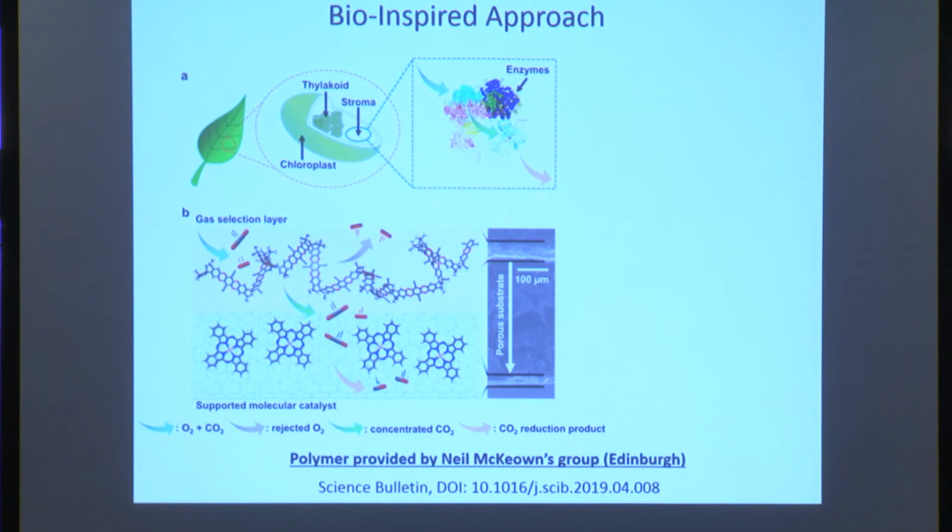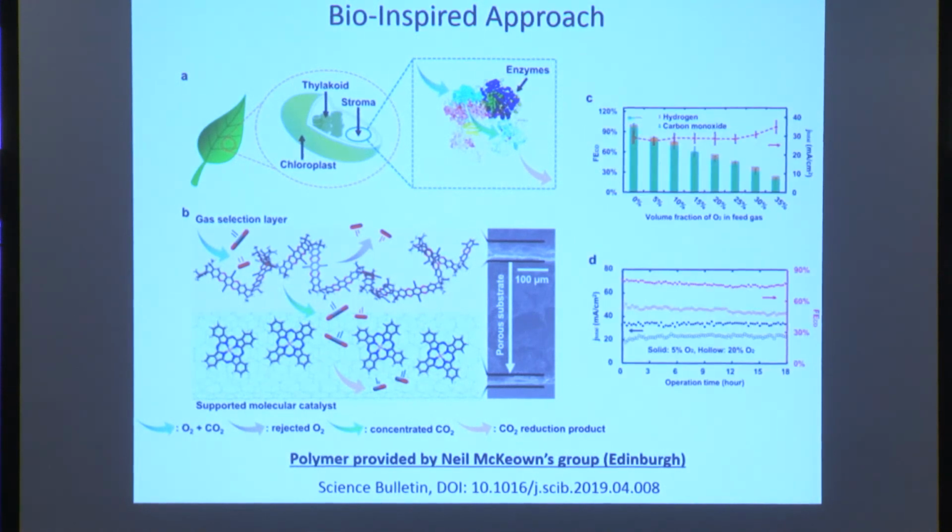So we took a polymer from our collaborator in the UK and put that onto a catalyst surface. Now you have a polymer that is porous and can separate the carbon dioxide from oxygen to a certain degree. It ensures your catalyst is operating in an O2-deficient environment, so even when the oxygen is 20%, you can work.